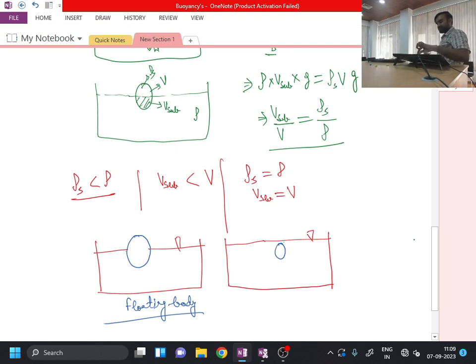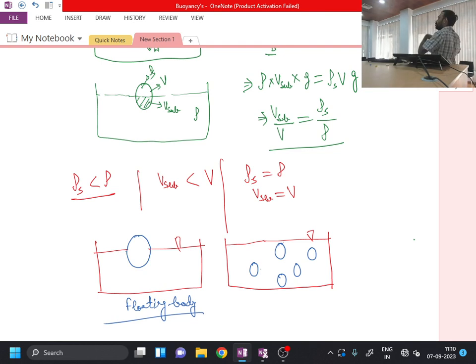However, its buoyancy force will be equal to the weight. So in this situation, if I place the body over here it can stay. If I place the body at any other location which may have different depths involved, here also it can stay. It can stay at a deeper location. So at any position, if you move the body from one point to another point, it will stay there itself.